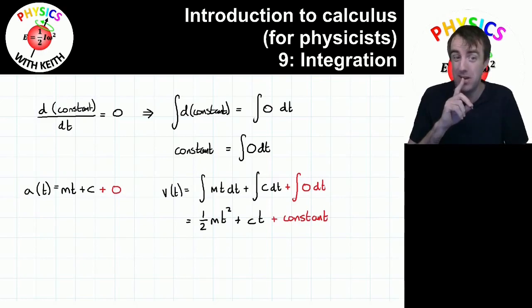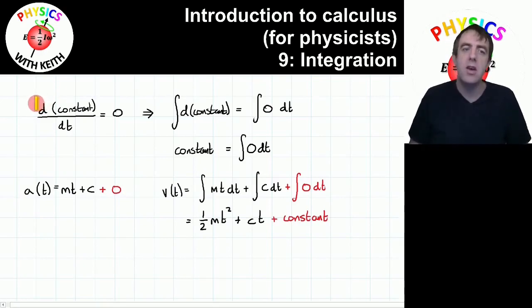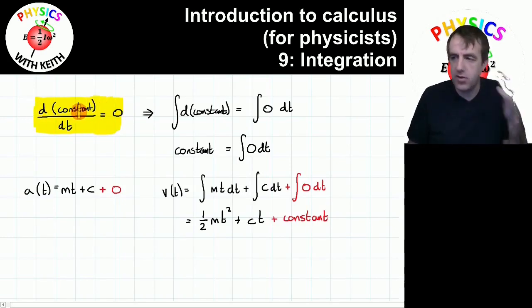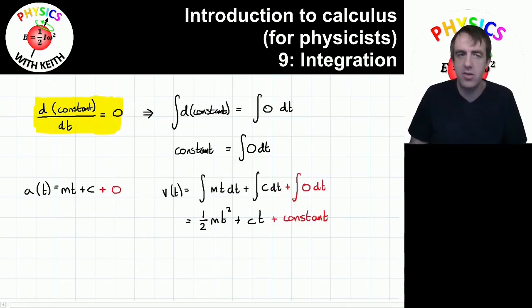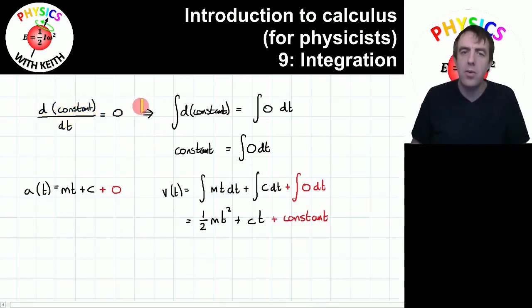It might not be. So remember that if I differentiate any constant, it's going to equal 0. Because differentiating something is finding a rate of change of one variable with respect to another. If a variable is constant, it's not changing, so the derivative is just 0. Well, that means we can do the opposite, of course.